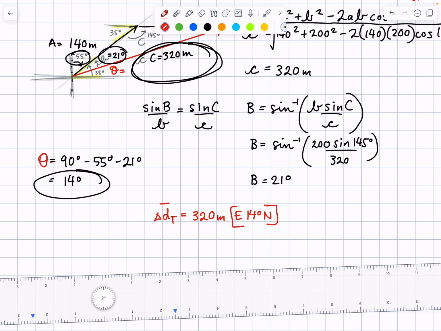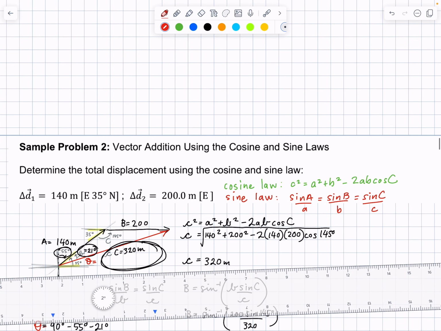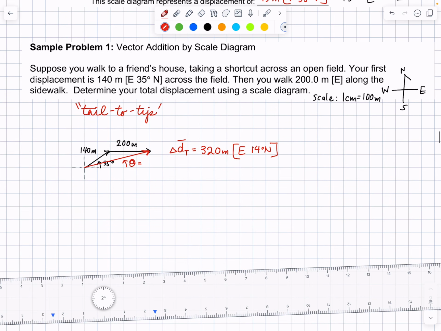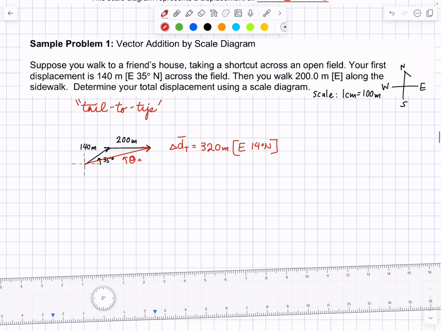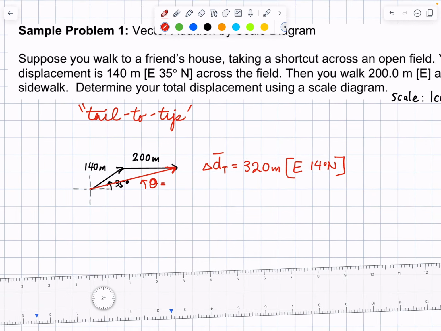We determined this angle and magnitude of our total displacement, just as we did up above, using a scale diagram. In this course, we're going to ask you to solve questions like this, and you can decide which method you prefer. Maybe you prefer to draw them, like we did in sample problem number 1, or maybe you prefer trigonometry.